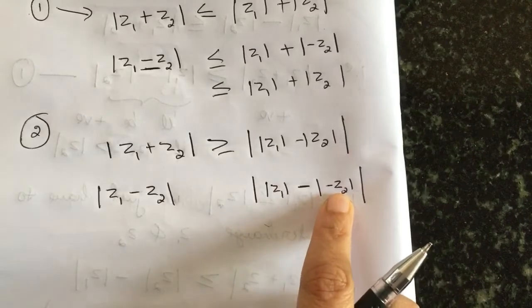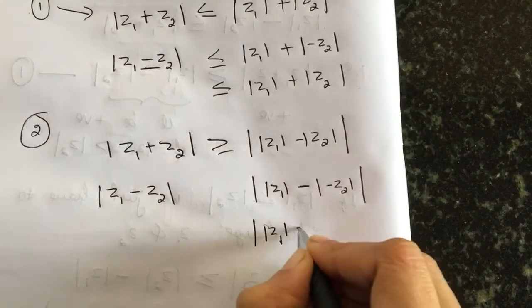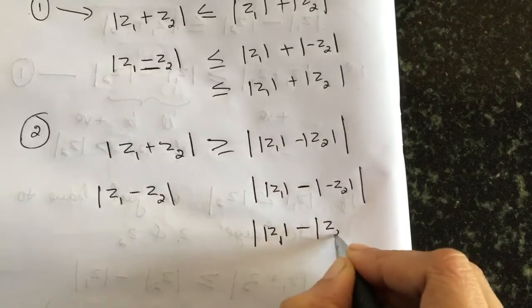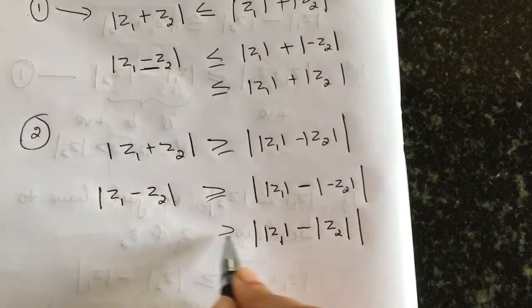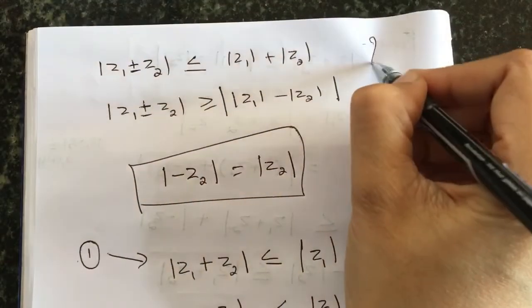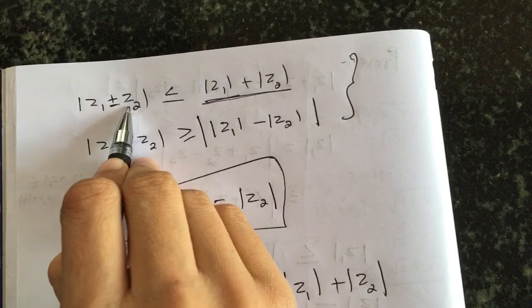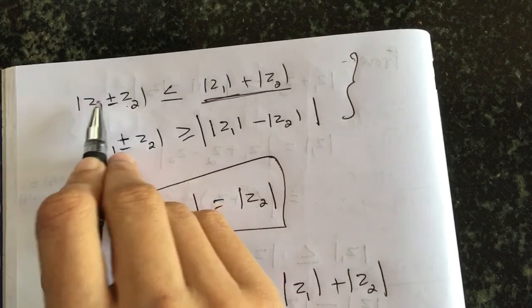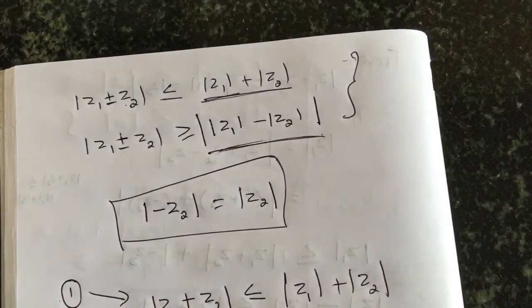Minus z2, when I take modulus, its value won't change. This will remain as it is. So this won't change. Therefore, this is the same upper bound even if you add complex numbers or if you subtract the complex numbers, and this is the lower bound.